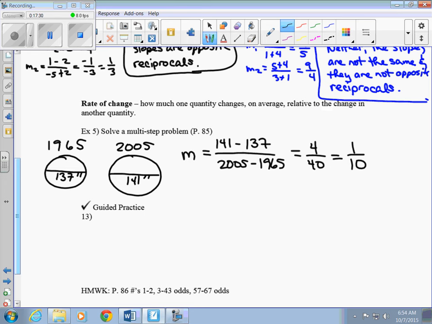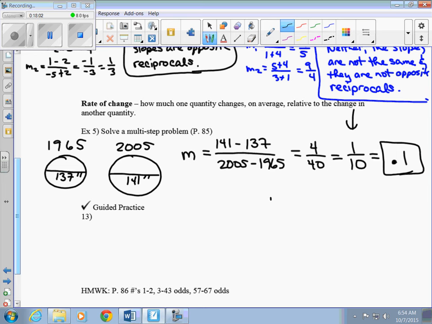Now, most of the time when we talk about a real life situation, we're going to want to change it to a decimal. And so when we're looking at this, this means inches are on the top, years are on the bottom. So it means it grew 1 inch every 10 years, which is great to know. But this one then, the slope tells us that it grew 1/10 of an inch per year.